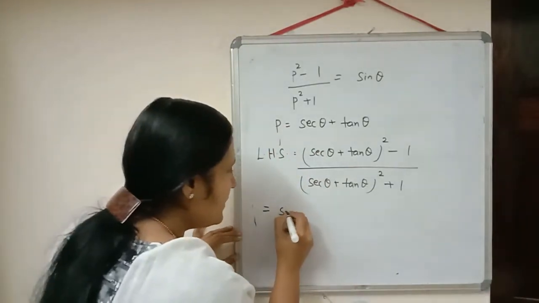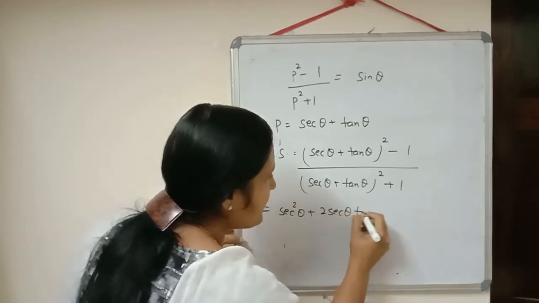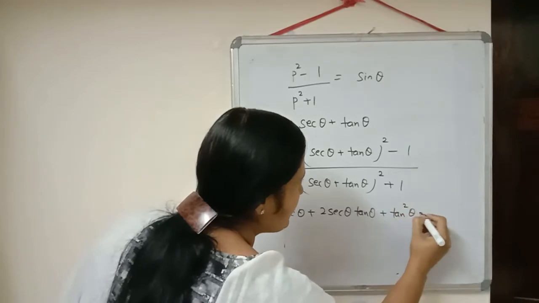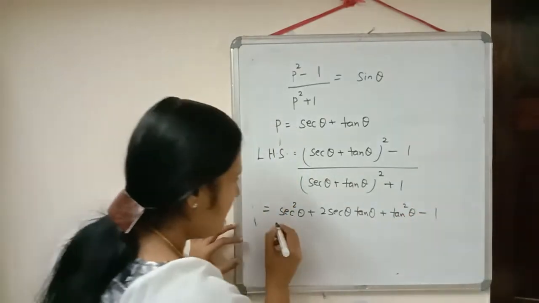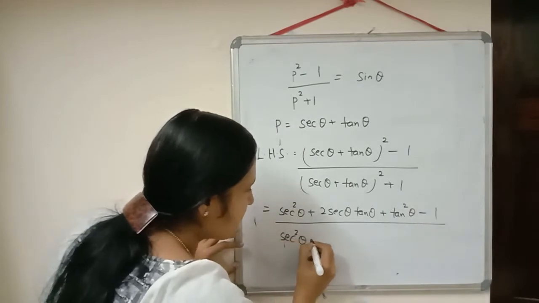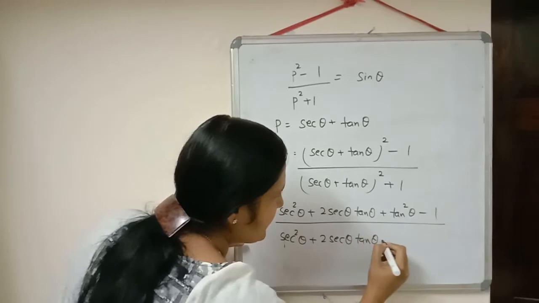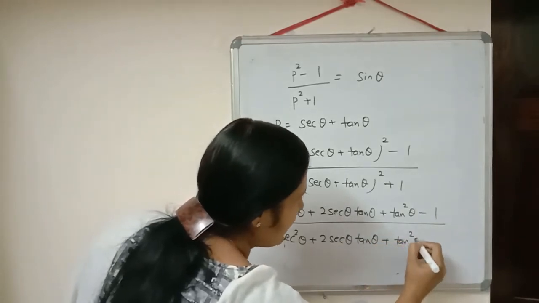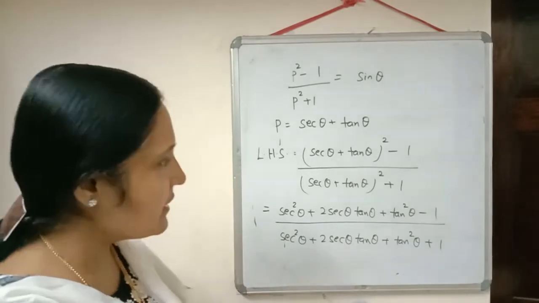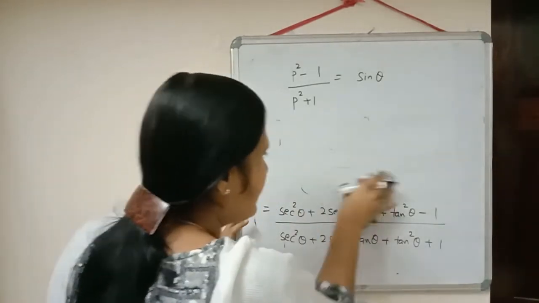It will be equal to sec square theta plus 2 sec theta into tan theta plus tan square theta minus 1. And here in denominator it will be equal to sec square theta plus 2 sec theta into tan theta plus tan square theta plus 1. Now we can check how we can use the identity related to sec and tan there.